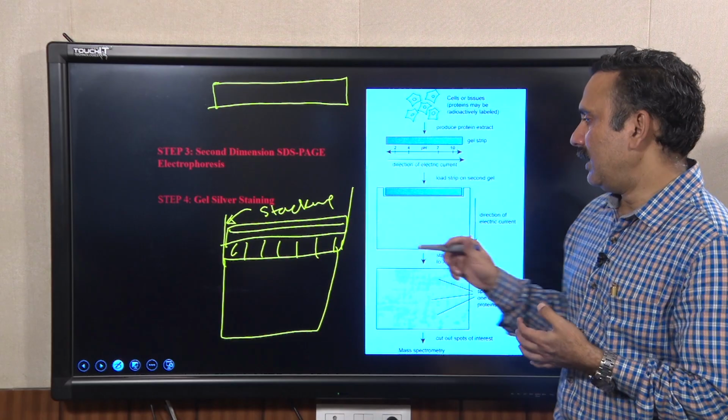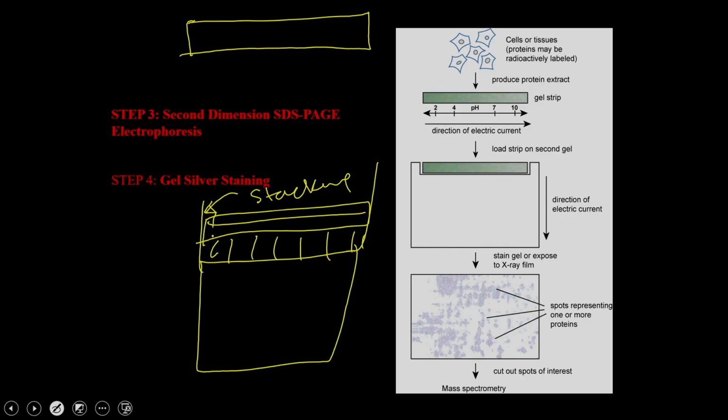The proteins which are migrated like this are now going to run in these directions. This means all this protein is going to be concentrated, and that is how you are going to get a spot from this protein.